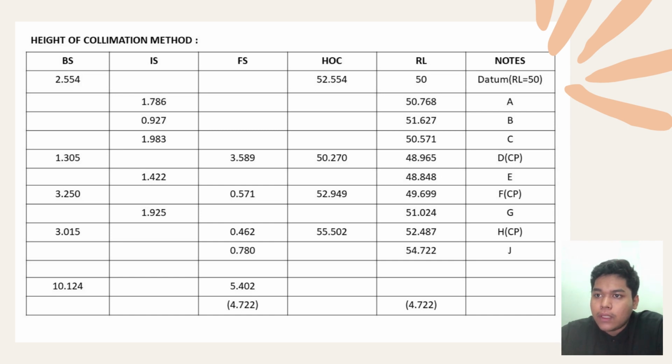For point E, there is no value for HOC. For point F, the value of HOC is 52.949. For point G, there is no value for HOC. For point H, the value of HOC is 55.502. For point J, there is no value for HOC.